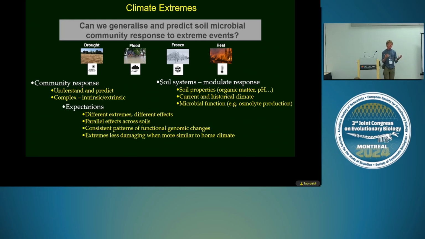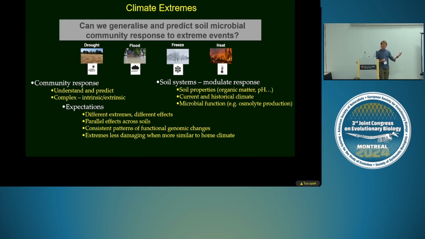So we're going to do an experiment imposing these kinds of perturbations and look at some rather basic predictions. We might expect that we're going to impose different climate extremes. Maybe there are common themes of what happens when you stress a community, maybe there's a core of changes that we can say is what happens when a drought hits a community, or heat hits a community.